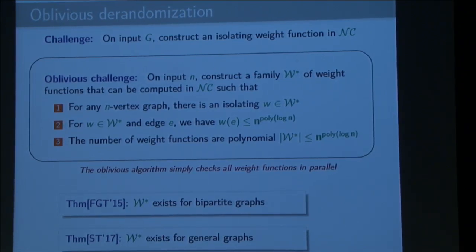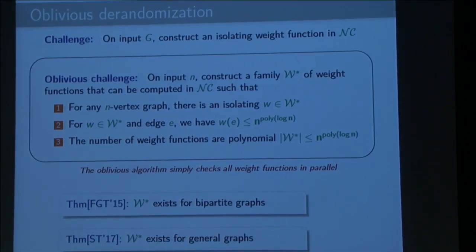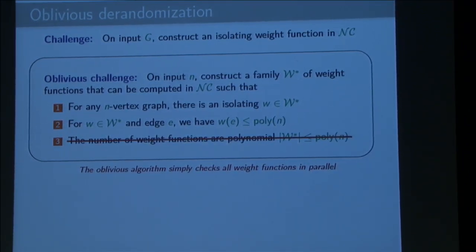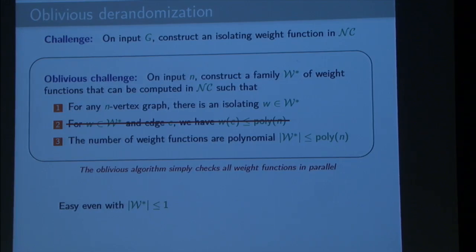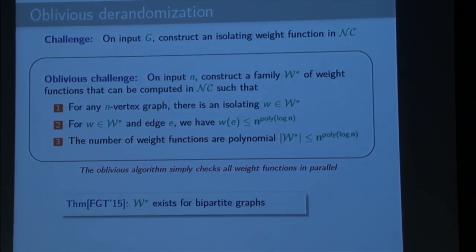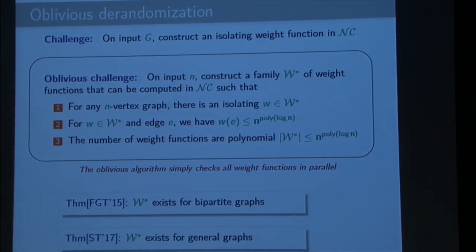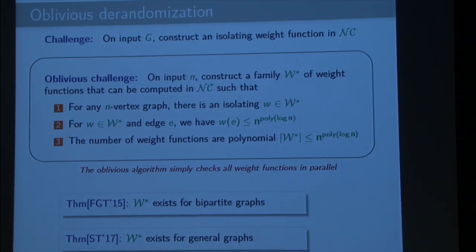So this, we will see. Yeah, exists. I think it's not hard to prove that this exists by just randomly sampling, and then you have it by isolation. All right. So that's what we're going to address.